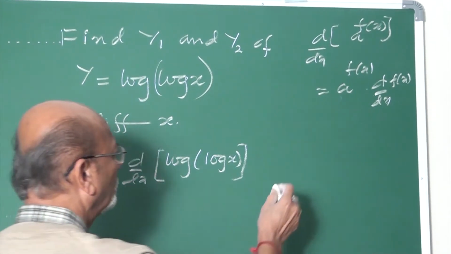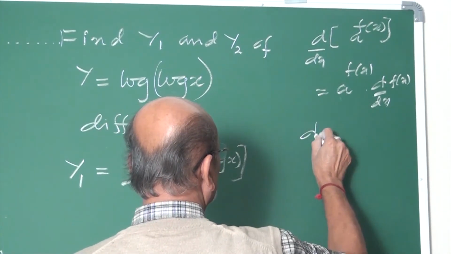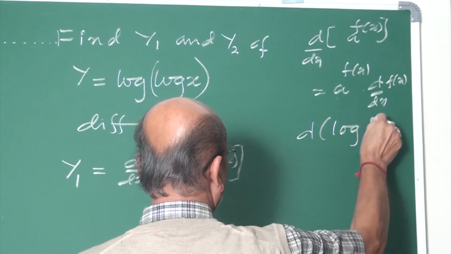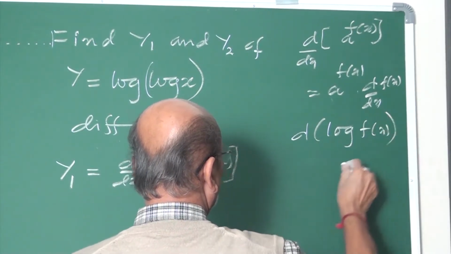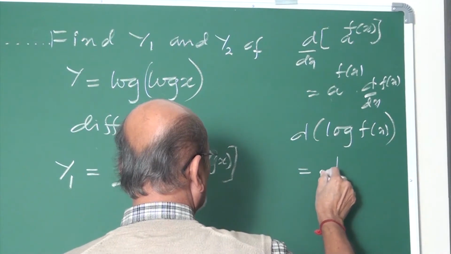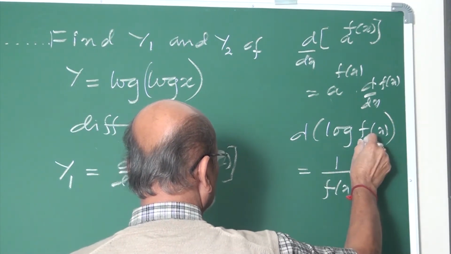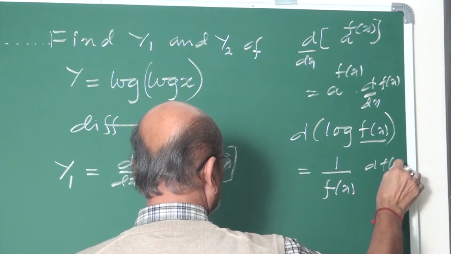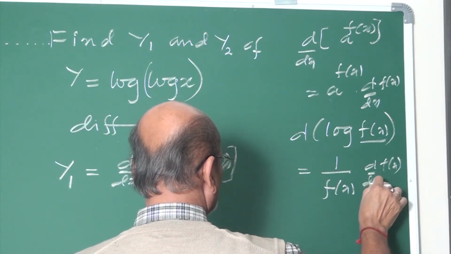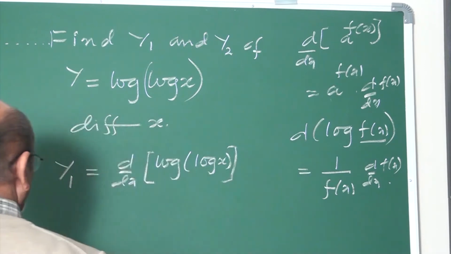Yes, my friend. Which formula here? Derivative of log of x. What is the derivative of log f? It is 1 by f into the derivative of f, where f is other than x. Write its derivative.